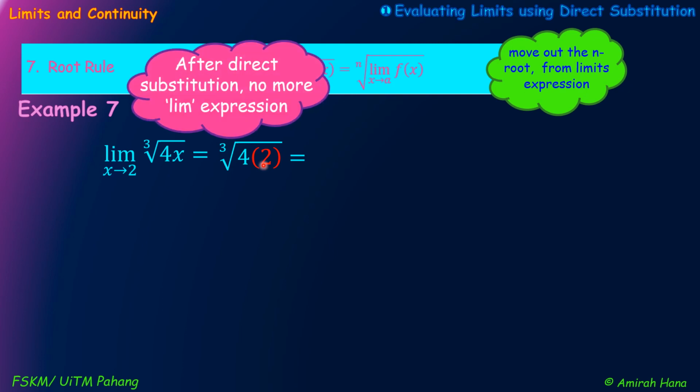And remember, after we use direct substitution, then no more limit expression. And then we simplify inside the cube root here. So we get 8. 4 times 2 equals to 8. So we get cube root of 8, and it equals to 2.